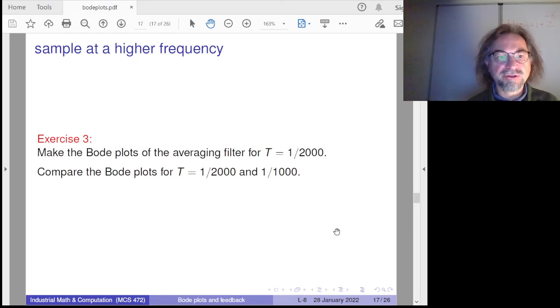I predict that the 500 hertz signal was removed because of our sampling rate and was not so characteristic to the averaging filter. So it is not so that every averaging filter will remove a 500 hertz signal.